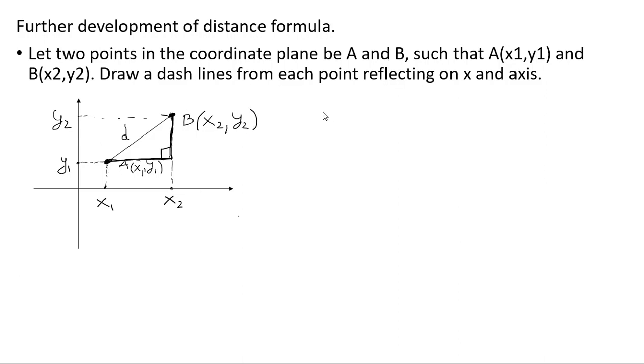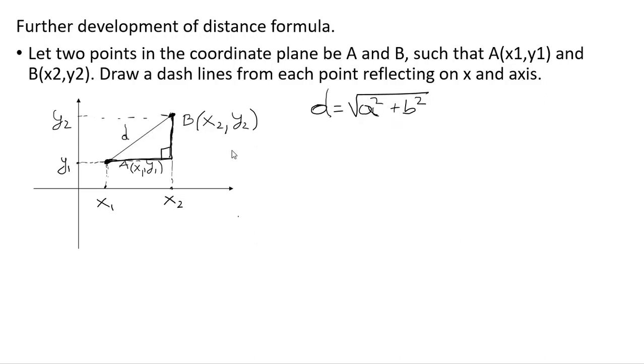Since we already developed the partial distance formula, if I can say that, we know that D is equal to a square plus b square. So now I'm going to do some substitution here, but I still don't know what A is, what B is.